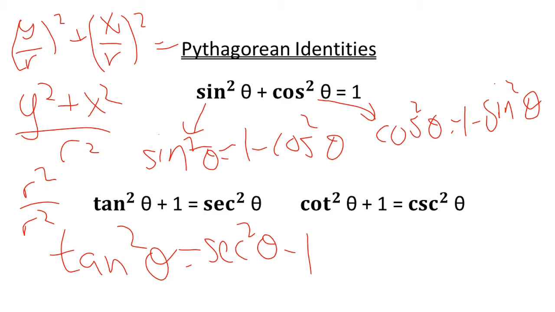Cotangent squared theta and secant squared theta are related to each other. If I'm trying to find cosecant, I can leave it as is. If I'm trying to find cotangent using cosecant, all I have to do is minus 1 on both sides. I end up with cotangent squared theta is equal to cosecant squared theta minus 1.